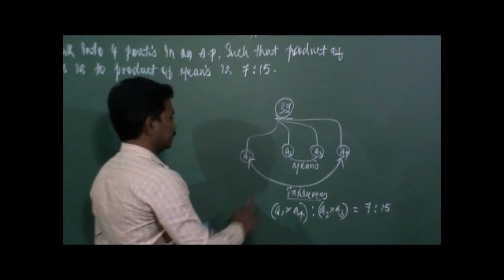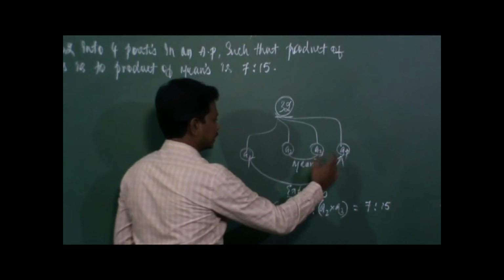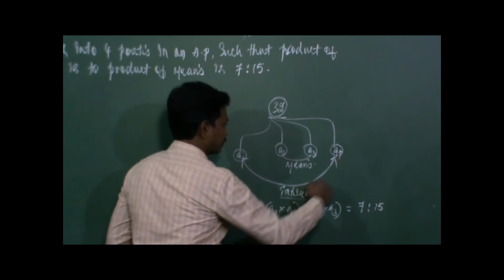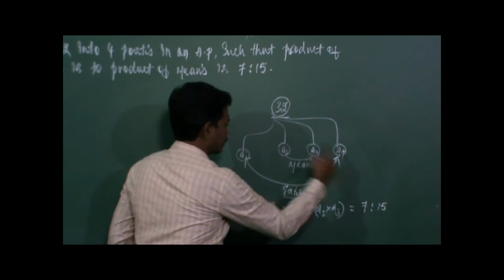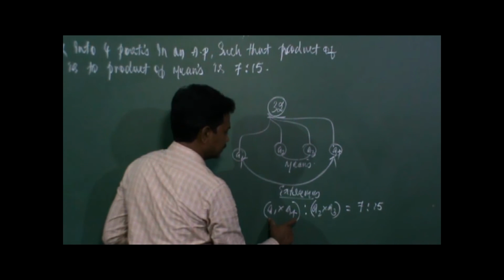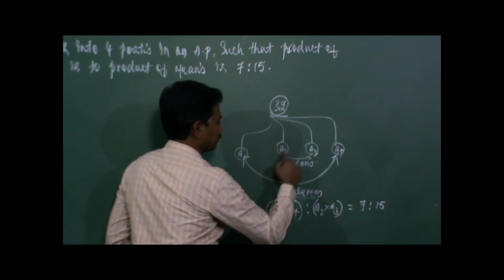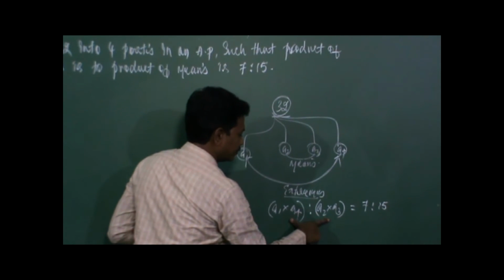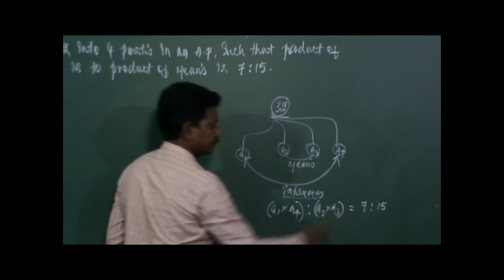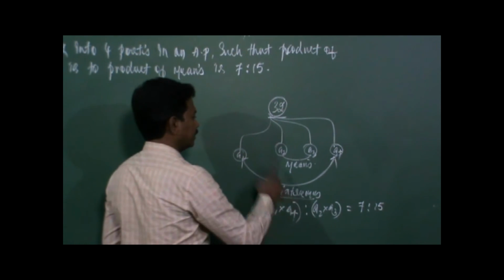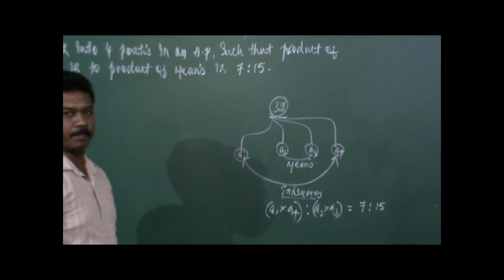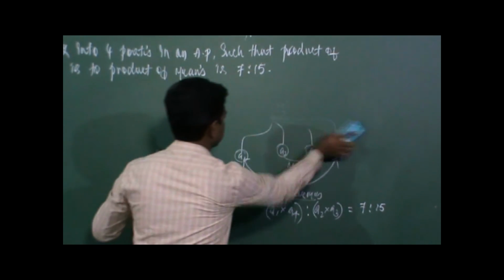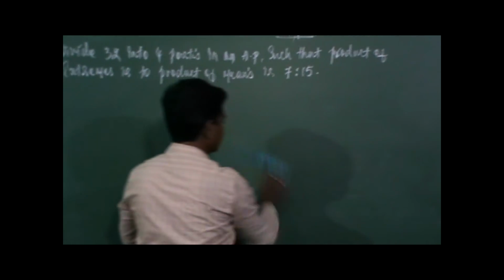Then we take the product of extremes and the product of means, and the ratio between them is 7:15. So find the 4 parts. Okay, I hope you understood the problem. Let's go with this.